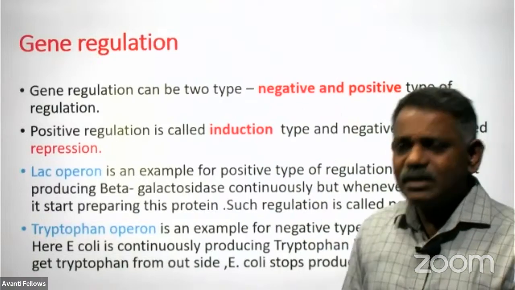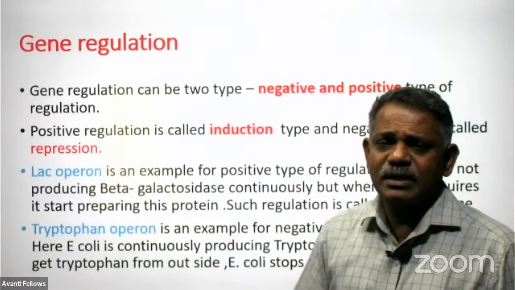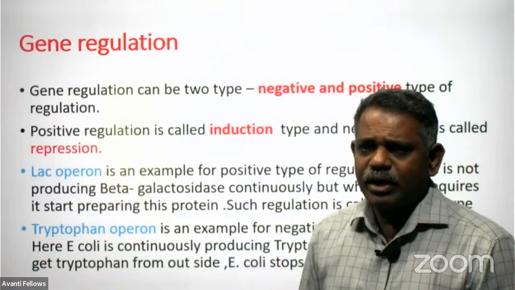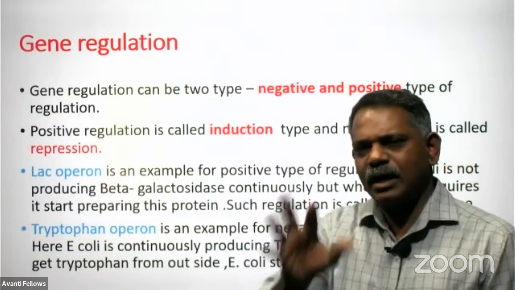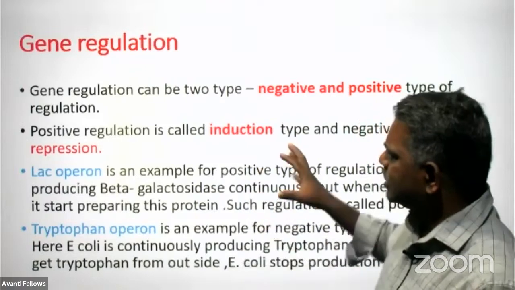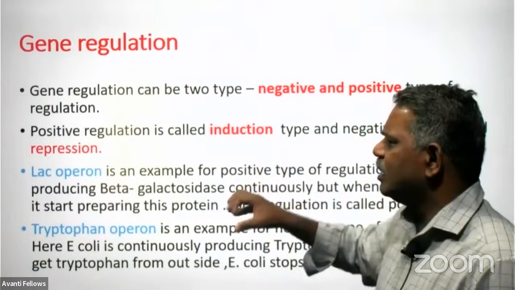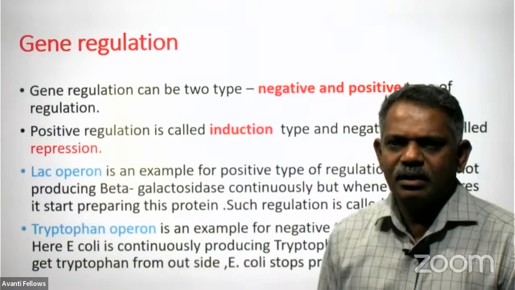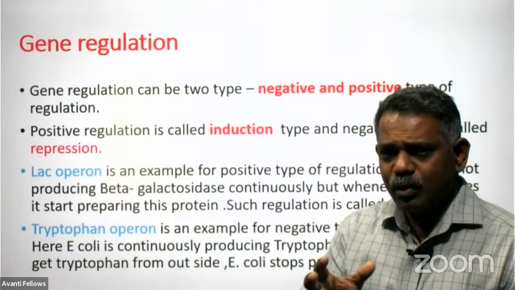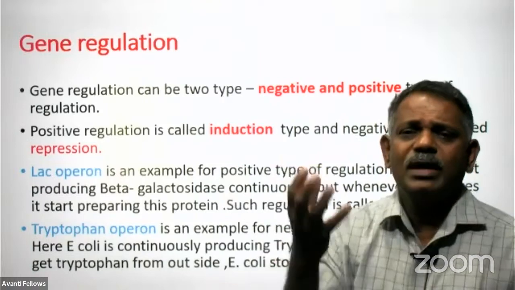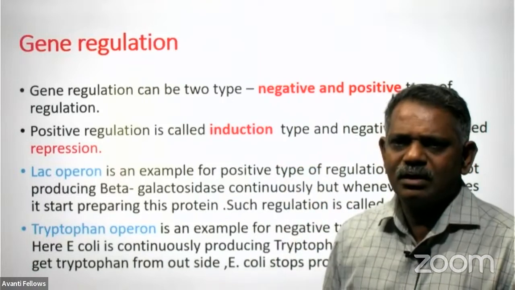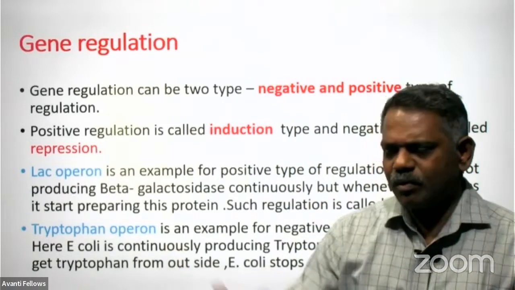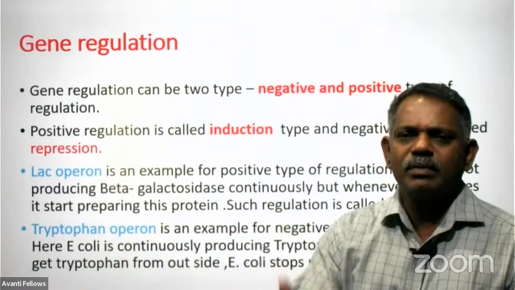In some cases, like tryptophan production in E. coli, it is continuous. There are some genes present in E. coli continuously producing tryptophan. But whenever we put this E. coli into a tryptophan solution, because it is getting the tryptophan from outside, there is no need to prepare it inside.